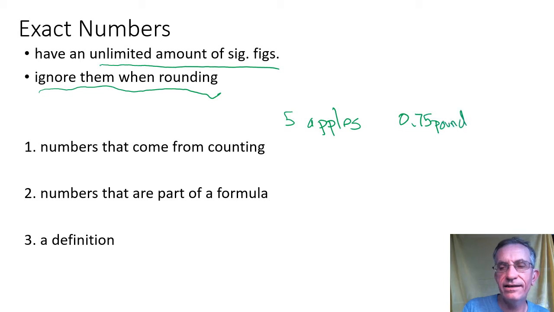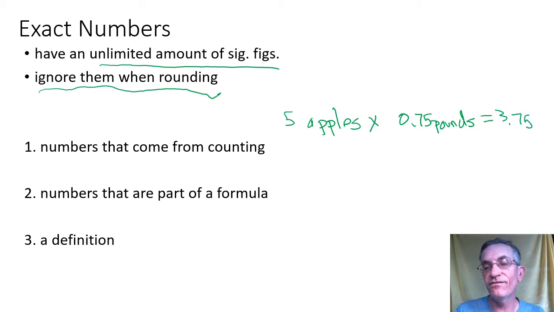Tell me the total weight of all of them together. Well, you would multiply 5 times the weight of each apple, 0.75, and your calculator would tell you the combined weight is 3.75.